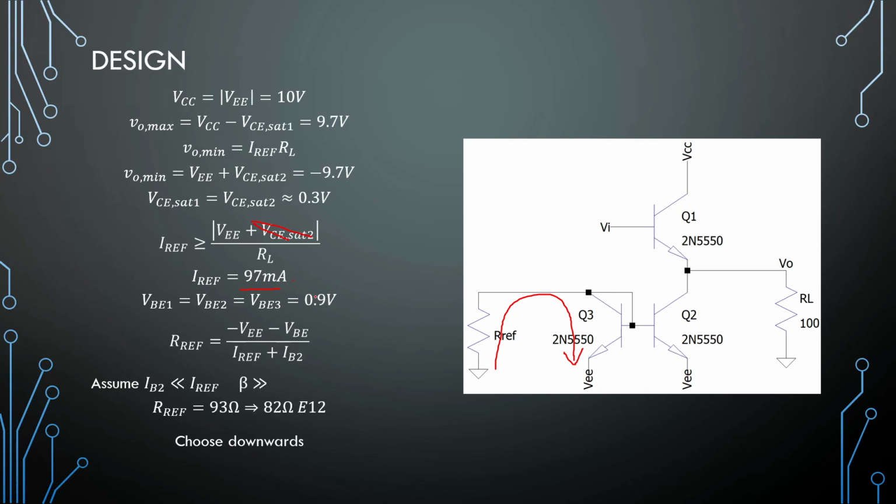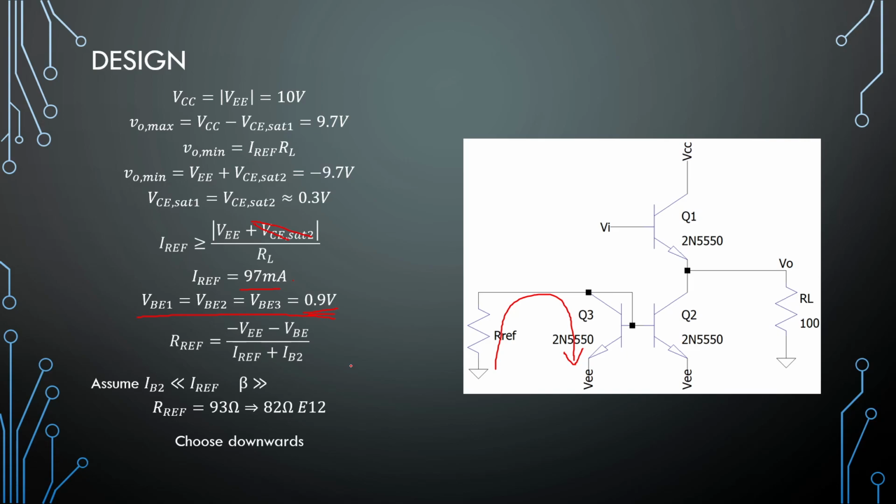In any case, assuming all our transistors switch on at the same point, for this 2N5550 at 100 milliamperes, the VBE is at around 0.9 volts, not the normal 0.7. So always have a look at your data sheet to see if it switches on at a different point than 0.7. It might be important in certain cases.